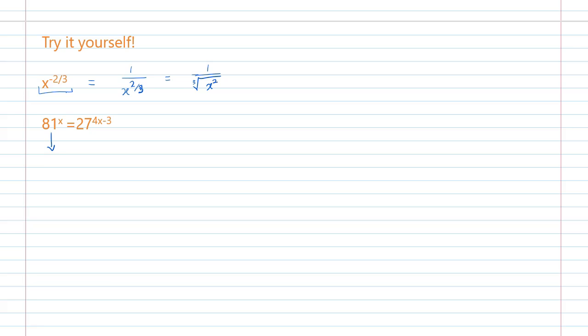This is the final answer. For the next one, 81 can be expressed as 3 to the power of 4, because if you multiply 3 four times it will give you 81.